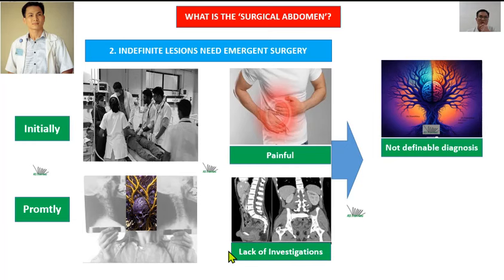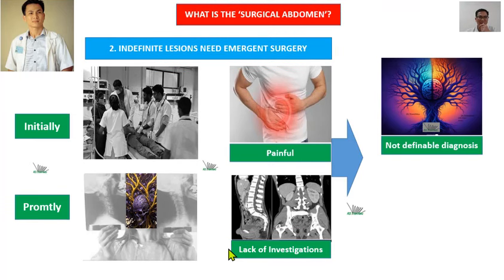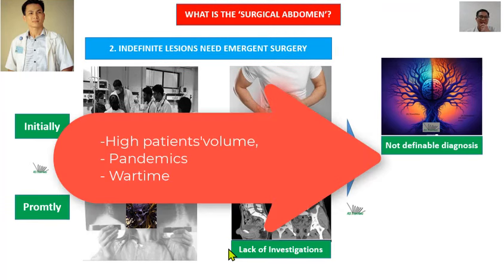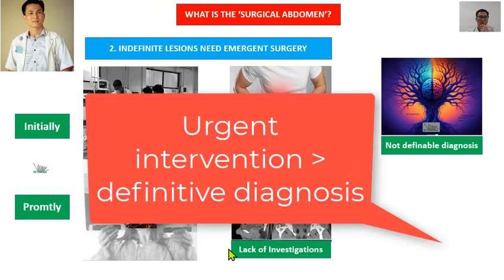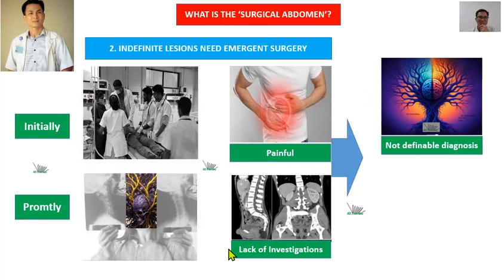This situation often arises when a diagnosis must be made really quickly, such as during periods of high patient volume, pandemics, or wartime, where the need for urgent intervention outweighs the ability to perform a definitive diagnosis because of the lack of time and investigation.